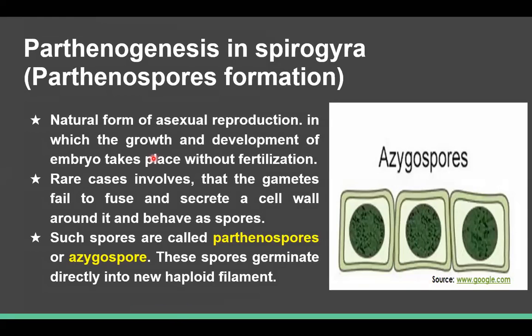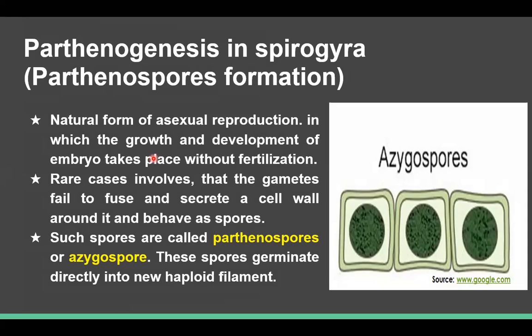Then the parthenospores. Generally, parthenospores are formed when the gametes fail to fuse during the process of reproduction. It secretes a cell wall around itself and behaves as a spore. Such spores are called parthenospores or azygospores.